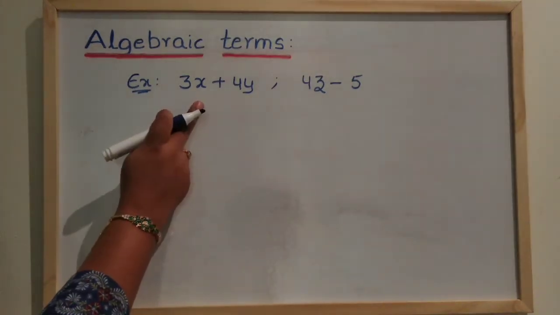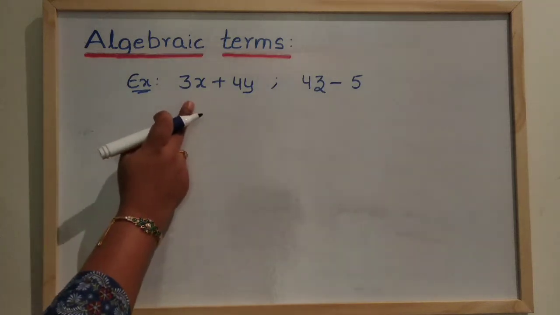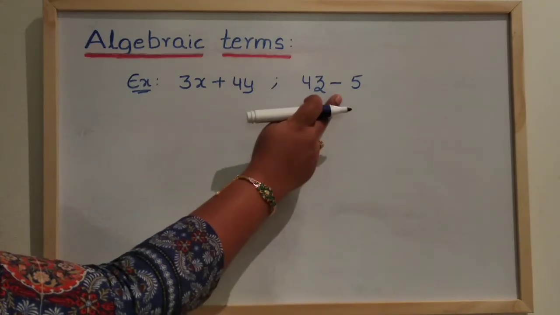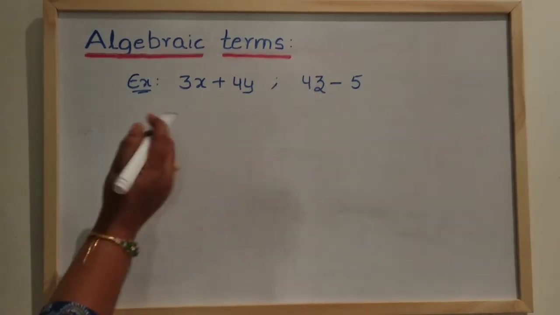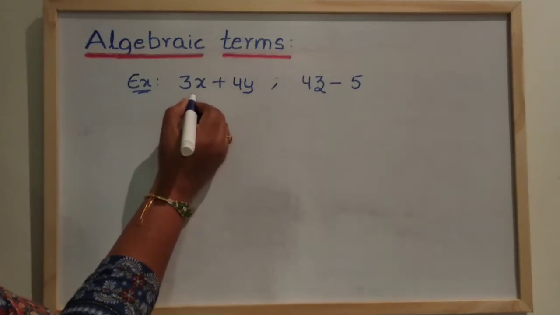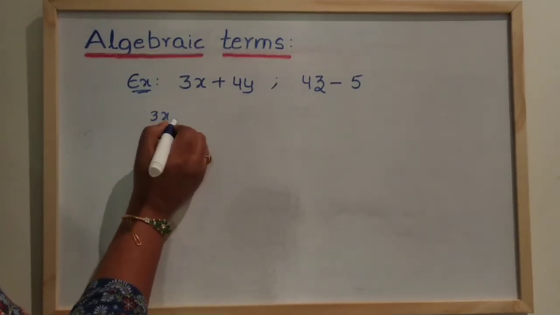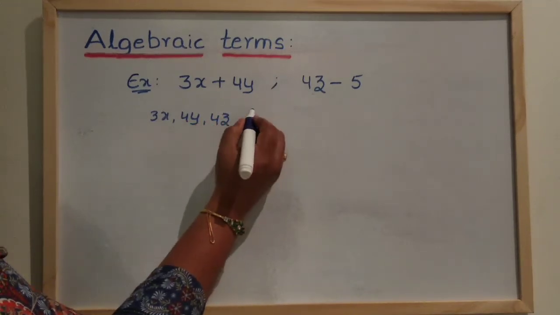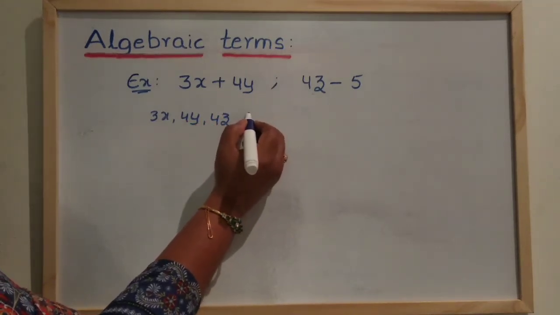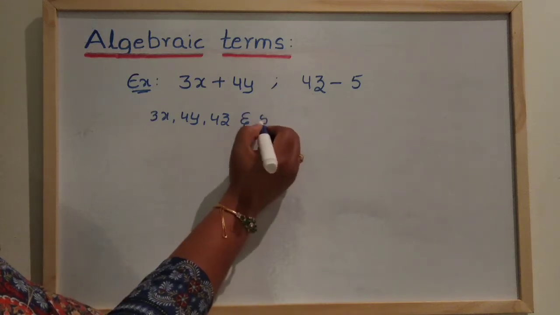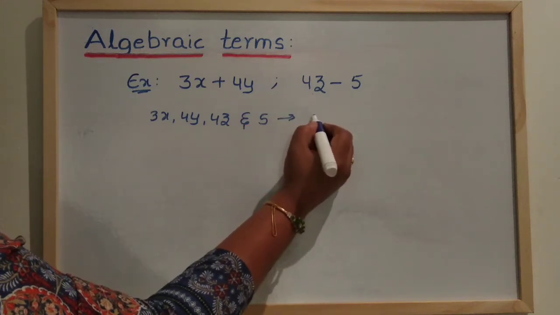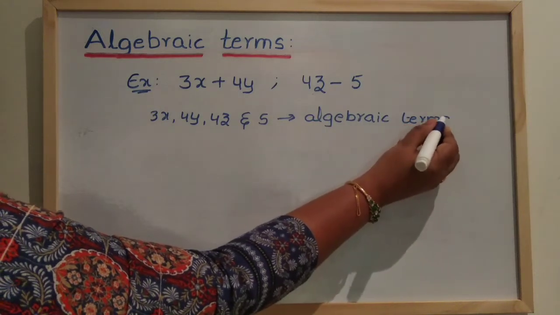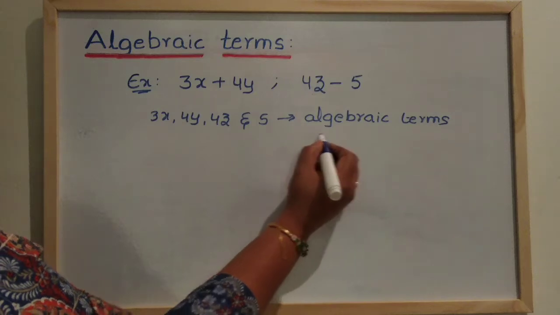So, according to this, the parts of an algebraic expression which are either joined by plus or minus sign are called algebraic terms or simply terms. 3x, 4y, 4z and 5 are called algebraic terms or simply terms.